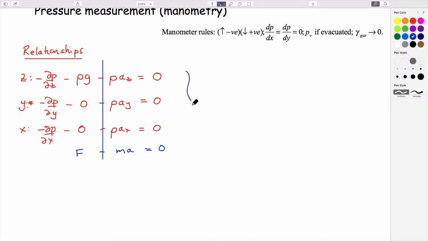But the net consequence of these is that, at least for the case where we have no accelerations, if we ignore these, we'll come back to these later, there are a couple of things that are important. The first is that this governing equation is always the case.